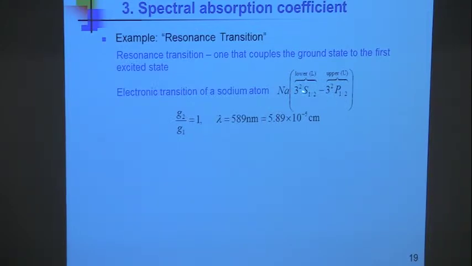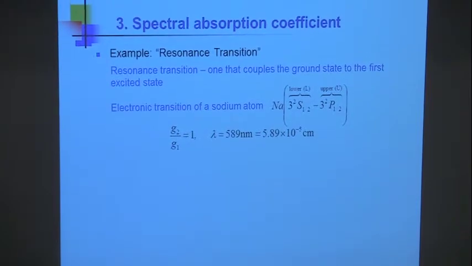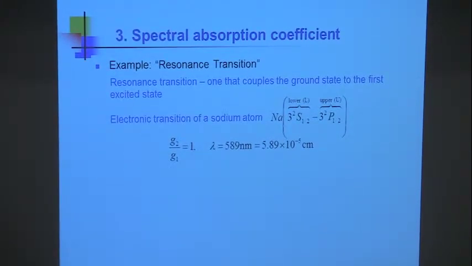This notation tells the spectroscopist which electronic energy level we're talking about. For atoms, it's typical to write the lower state on the left and the upper on the right. For reasons I don't understand, the molecular people do it the other way around. You have to be careful about these things. This notation is called the term symbol notation. It tells me which electronic states we are talking about.